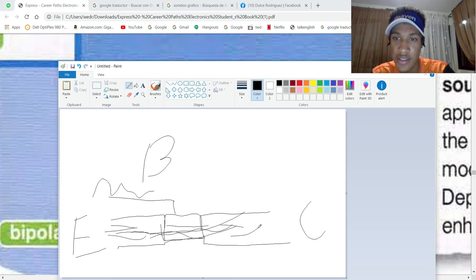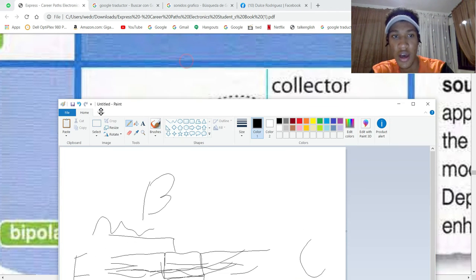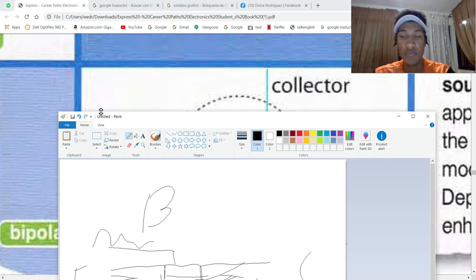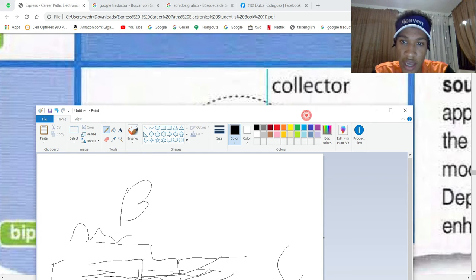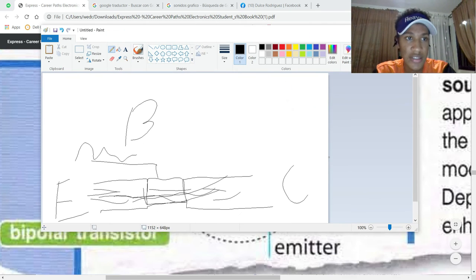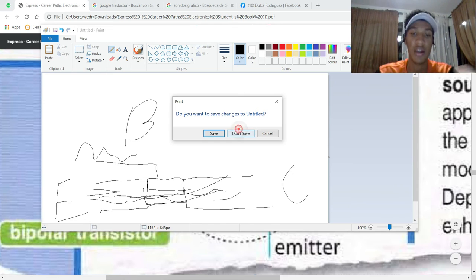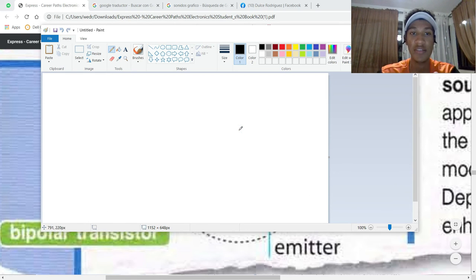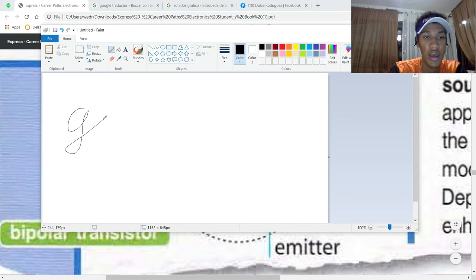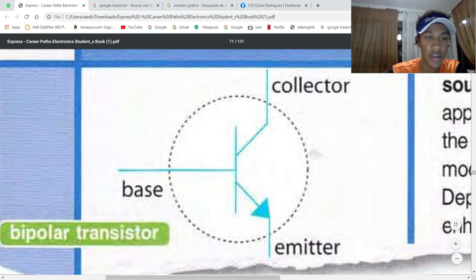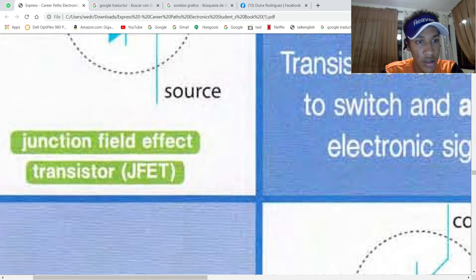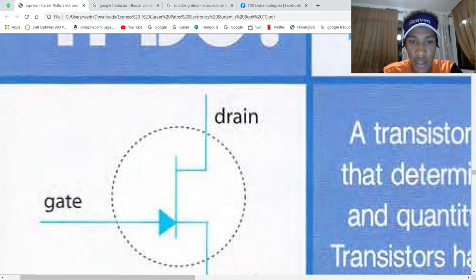You know, this is the function of the normal transistor. In the MOSFET it's similar, but it's not the same, because you have the gate, source and drain.